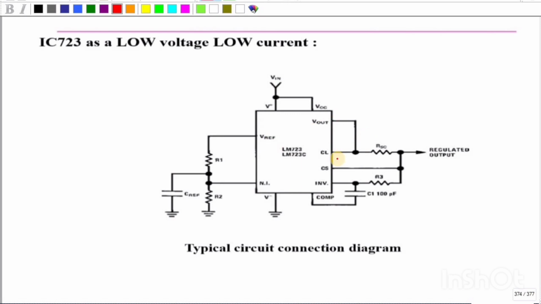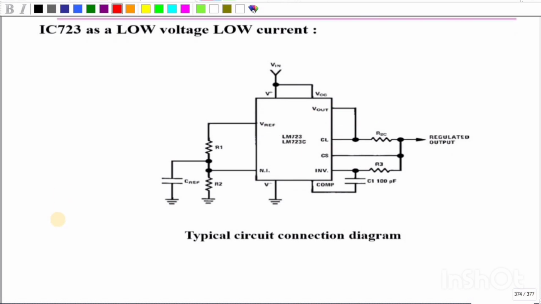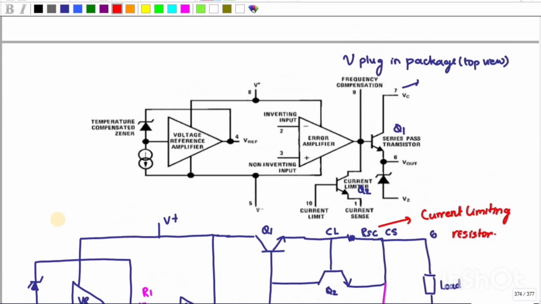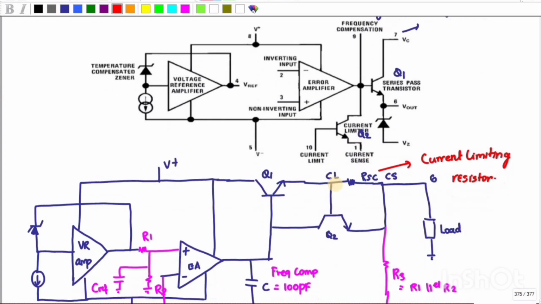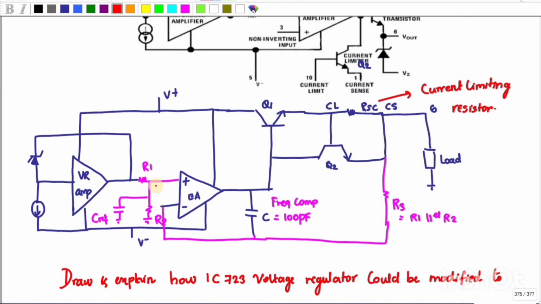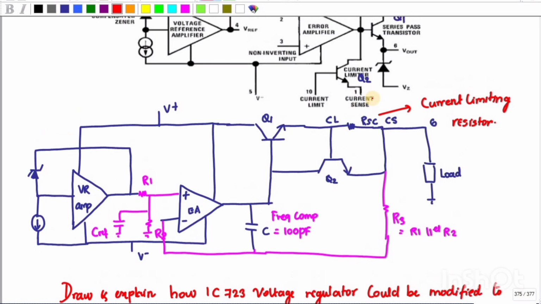So internal structure is this one. Okay. So here the pin number is changed because I have used a V plugin package top view. So in this one I have connected R1, R2, C reference, C1, R3 and RSC resistors.